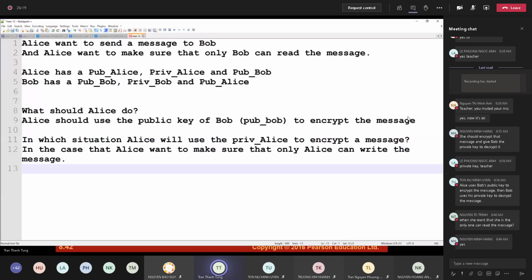Now, the application of this. Let's say in an e-commerce system, we want to make sure that when the user logs in to Tiki and wants to buy something, let's say an iPhone, Tiki will check your credit card account somewhere, and then you go to the bank and say, hey, I did not do that.